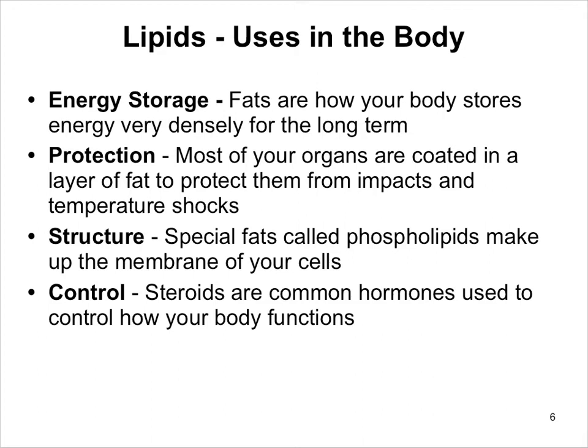Glycogen is how your body stores energy short-term, energy that it might need to get at really quickly. That's the first source of energy that it uses. That's like energy that is stored in your garage or your basement. It's really easy to go get that.